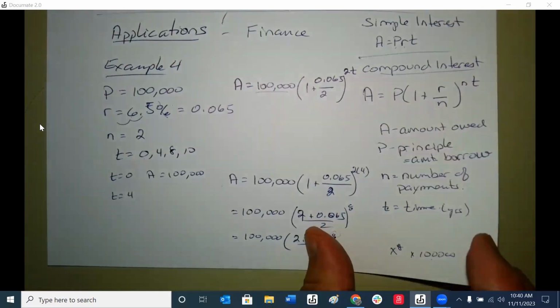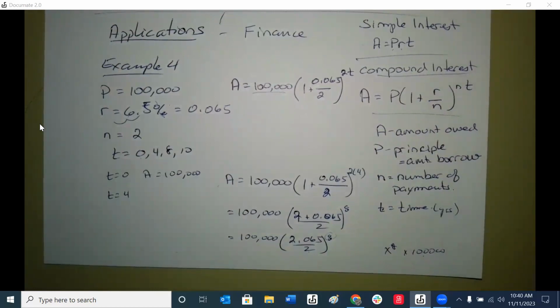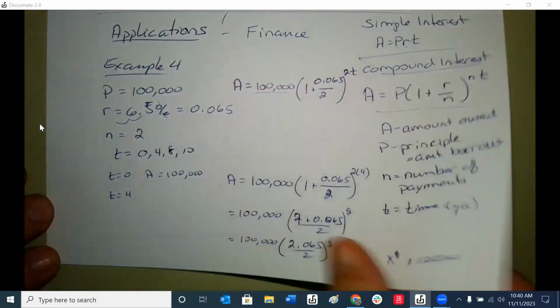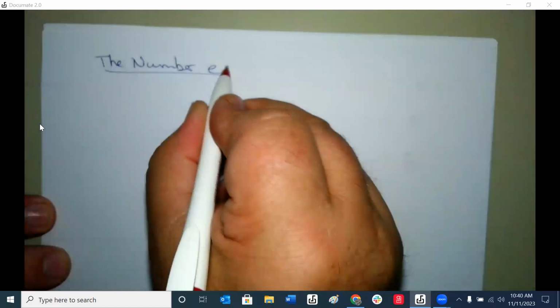All right. So this is how we use the compound interest formula, which is interesting because in the 1700s, as all this was happening, Leibniz or Newton, I forget which one of these two, while they were in the process of discovering calculus, came up with the number E. E is a constant.